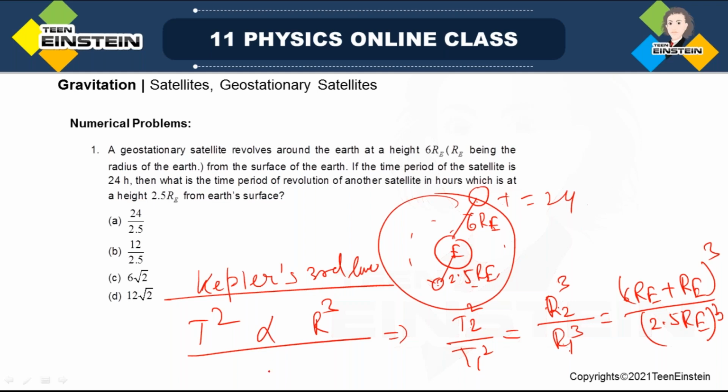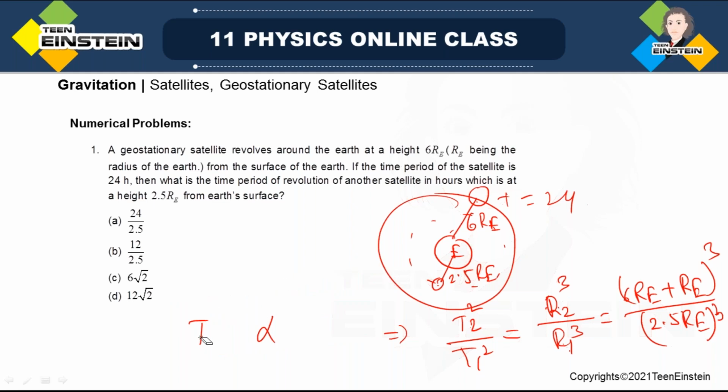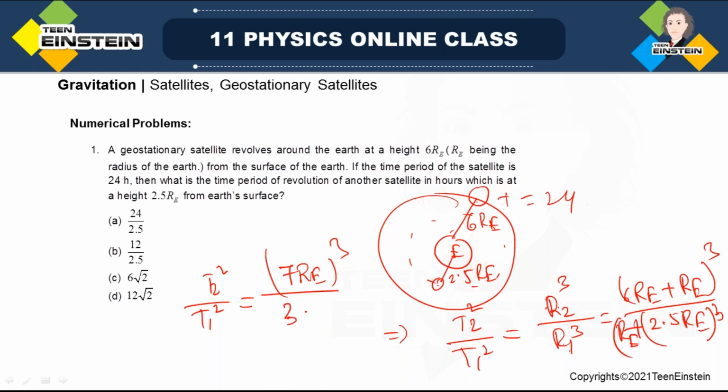And look, if we do the simplification for this problem, T2 square by T1 square is equal to 7 RE whole cube, and in the denominator will be RE plus 2.5, that is 3.5 RE, whole cube.